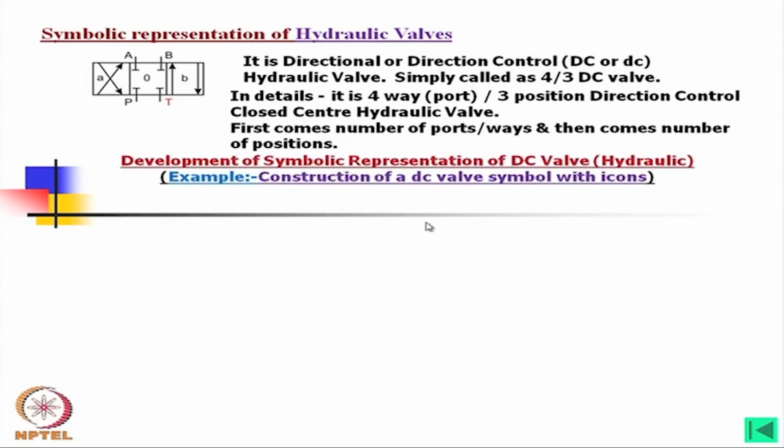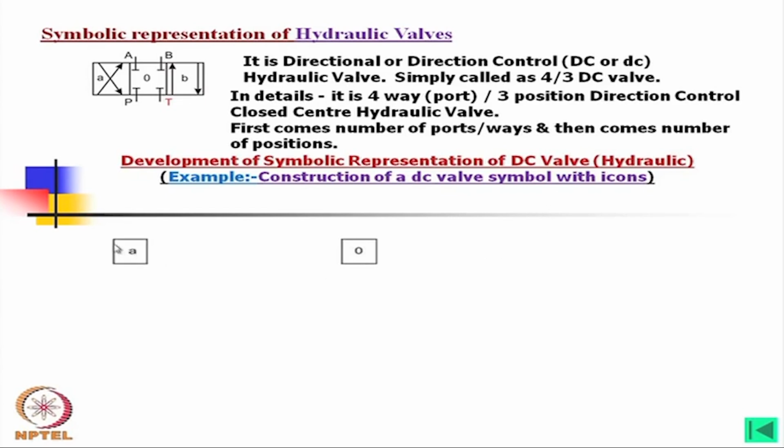Now, development of symbolic representation of a DC valve, that is direction control valve, an example of construction of a DC valve symbol with icons. This is a simple icon where it is written 0.